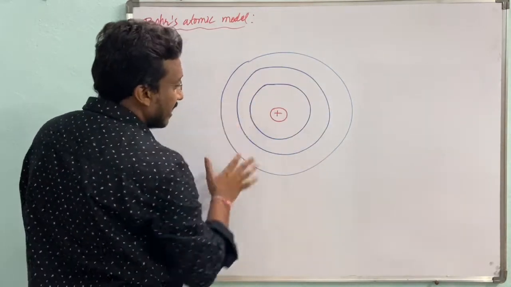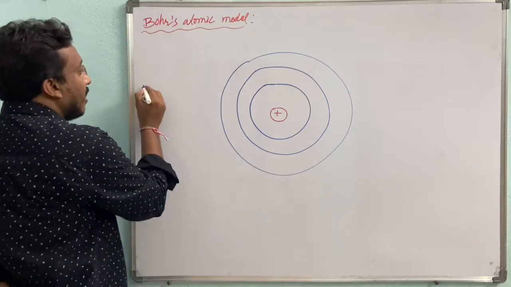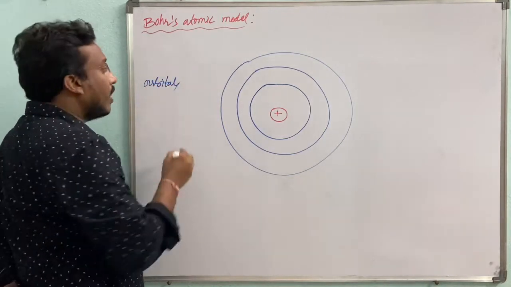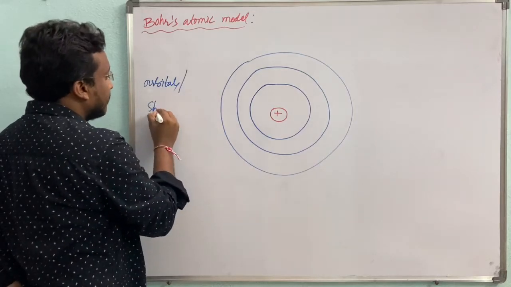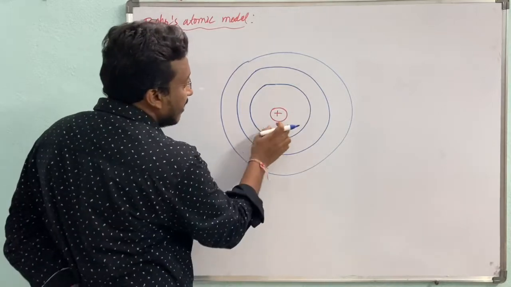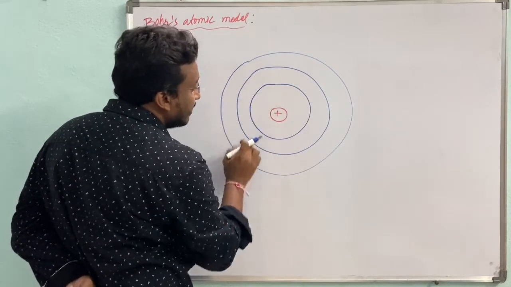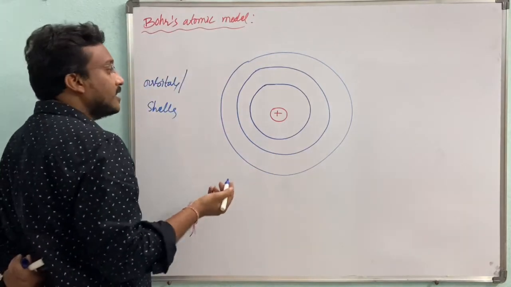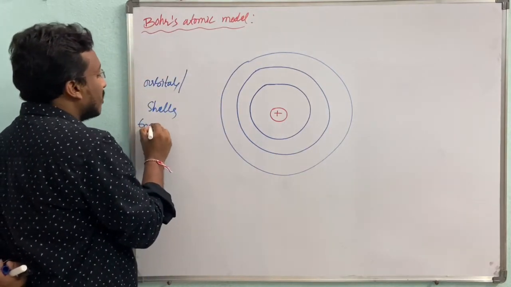These blue circles are shown as orbitals or shells. When an electron revolves in its own orbital, it will not lose its energy. That's why they are also called energy shells.